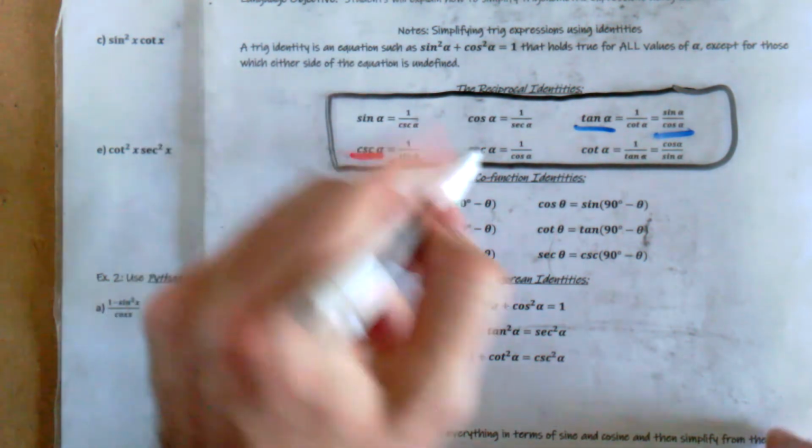Okay. Now, we want our answer to be simplified as much as possible, so we typically don't want to have a fraction in our answer. But notice on our identities, 1 over cosine is actually the same thing as secant.